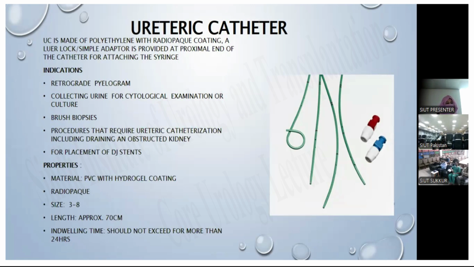It is also used for diagnostic purposes, for contrast injection or for taking samples. Its indications are retrograde pyelogram, fluoroscopic studies, collecting urine for cytological examination or culture, brush biopsies, and procedures that require ureteric catheterization, including draining an obstructed kidney, or for DJ placement.